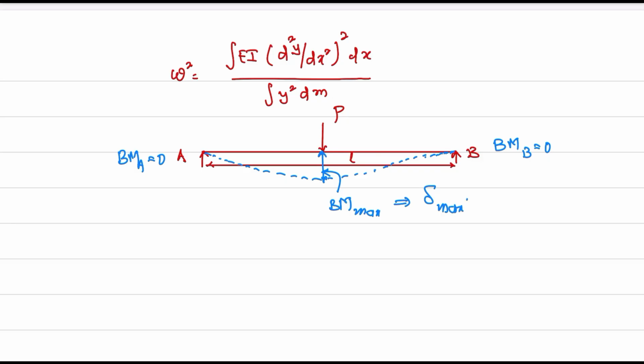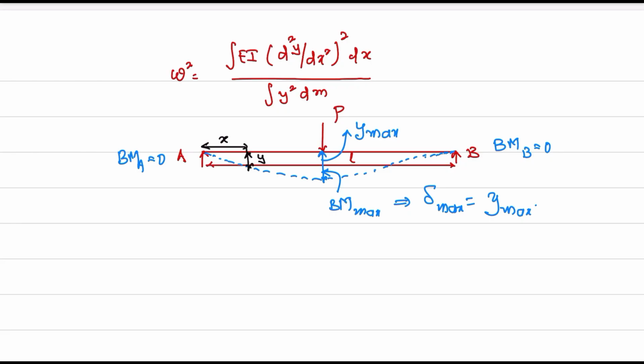That means you can call the deflection delta max, or you can call it y max, as in the previous example. This is y max, and at any point x from one end, this value is y, that is the deflection.